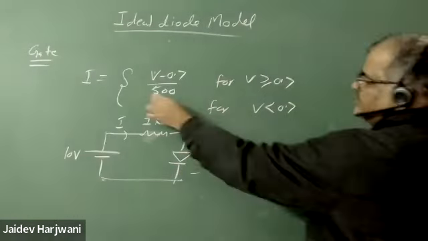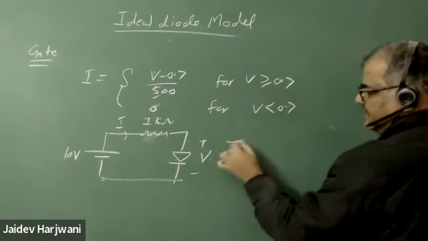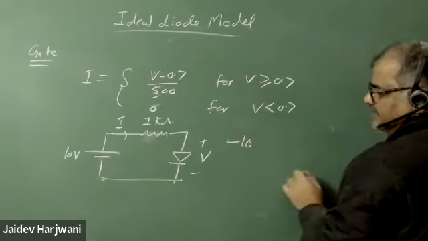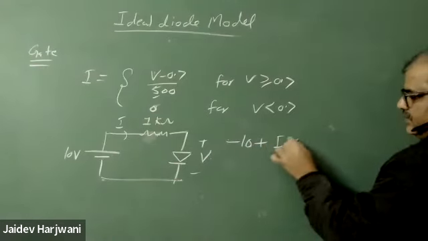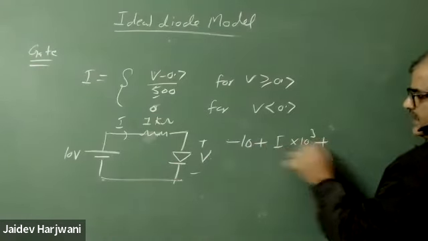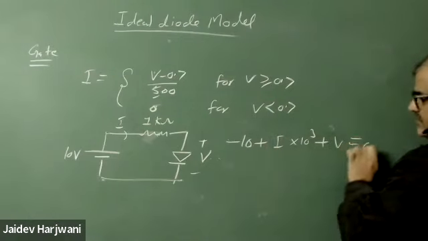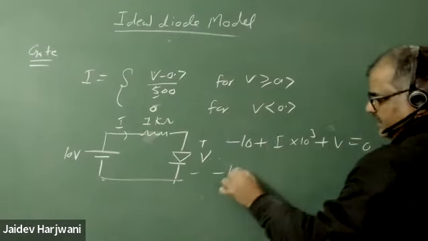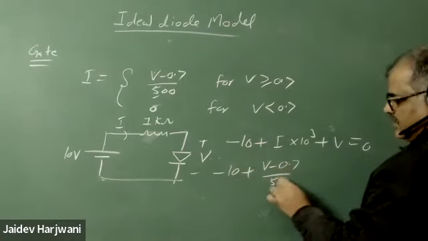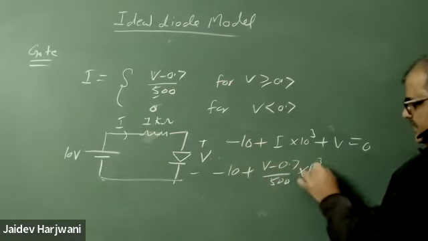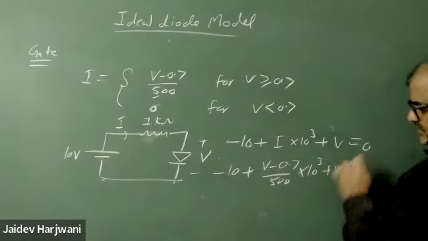So my current is now given by this equation. If I write the KVL, I have minus 10, plus I into 1 kilo ohm, plus this voltage V equals 0. So minus 10 plus 2(V minus 0.7) plus V equals 0.